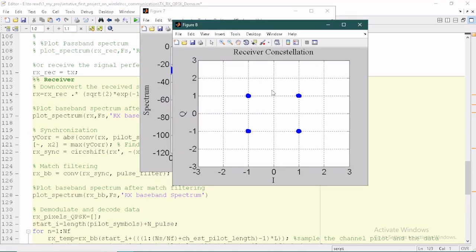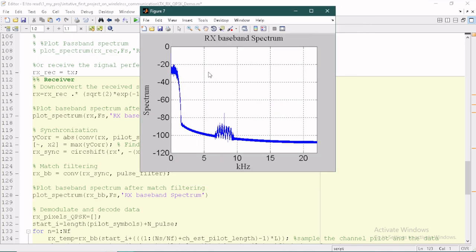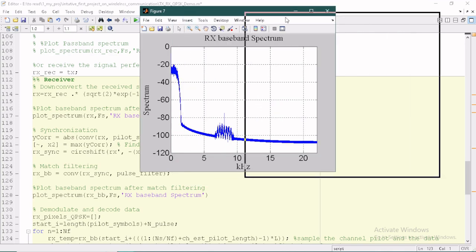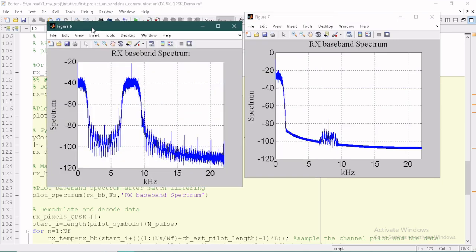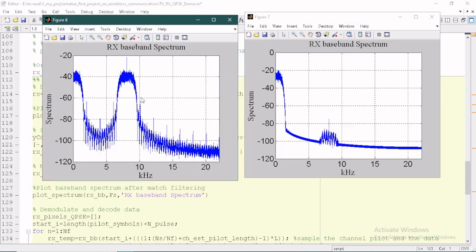So notice this is the constellation diagram. It is perfect. We don't have any noise, we don't have any errors. So those are the symbols that we transmitted, and we will receive them perfectly. Here, see that it is after match filtering. Here we have the received signal after multiplication by the carrier. Notice this is the alias frequency here because it's more than half the sampling rate.